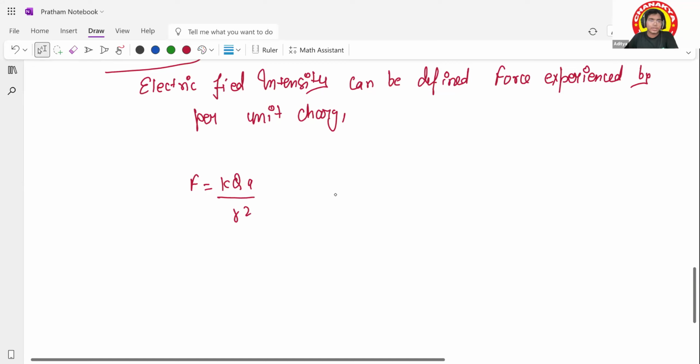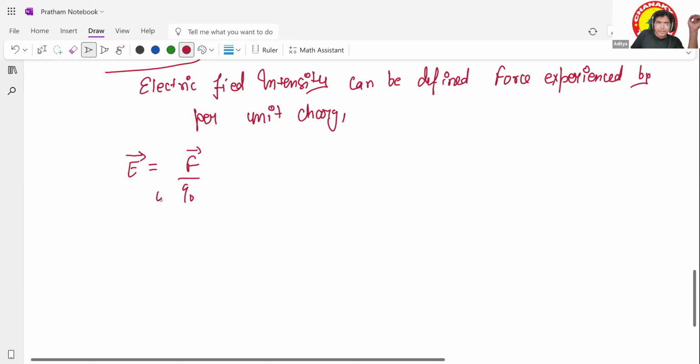So finally, what is your electric field intensity over here? Force per unit charge. Okay. Sometimes you will see in the books that this q, in the limit, is written as q approaches zero. Understood? In some books you will find it, but it doesn't make too much sense.